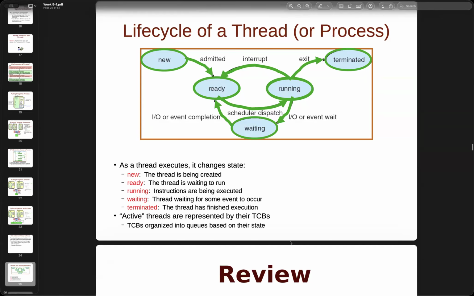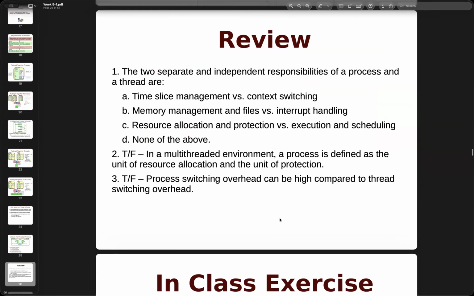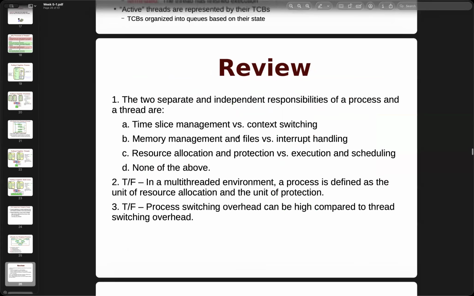So far, we have some review questions right here. If you're interested, you can take a look. We talk about the two separate and independent responsibilities of a process and a thread, such as context switching, between interrupts. In a multi-threaded environment, think about the process as the unit of resource allocation and unit of protection.